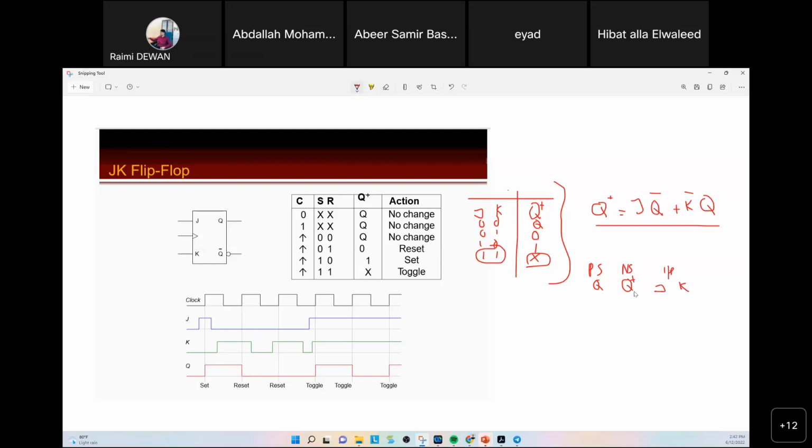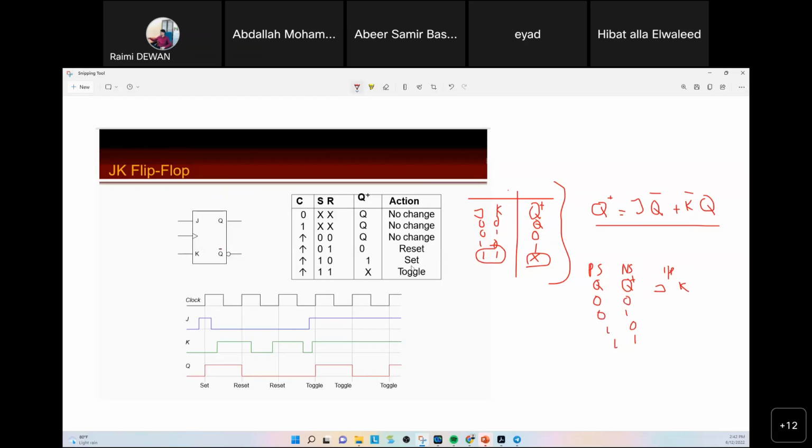You can see if you want to have this output, what is the minimum input necessary? So this is the JK. Because it's Q and Q plus, you have 2 times 2, meaning 4 potential combinations: 0, 0, 0, 1, 1, 0, and 1, 1. Let's say you want 0 to be 0 in the next step, meaning there is no change.